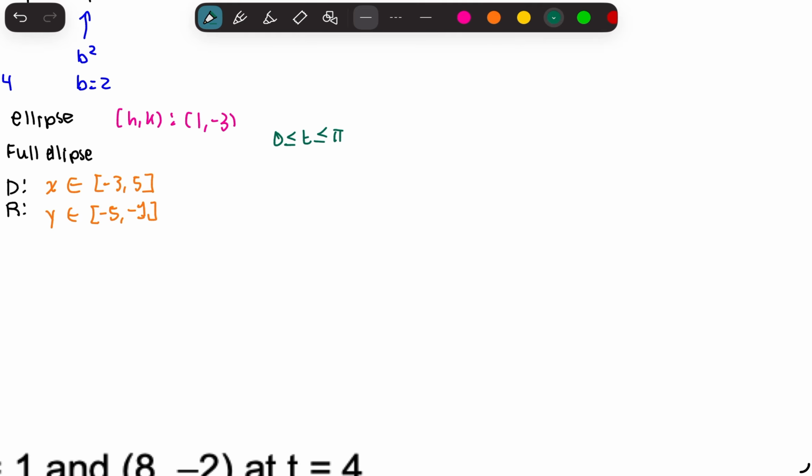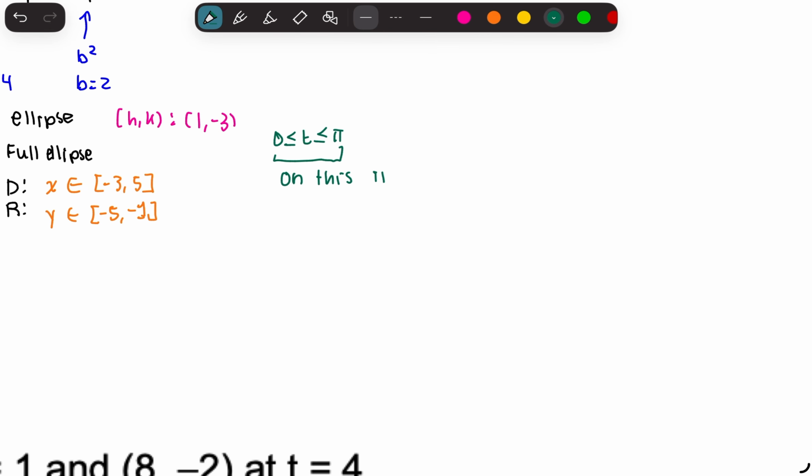So we know that on this interval, sine t is going to be greater than or equal to 0, because it can't be negative. Negative numbers are not included in this interval.